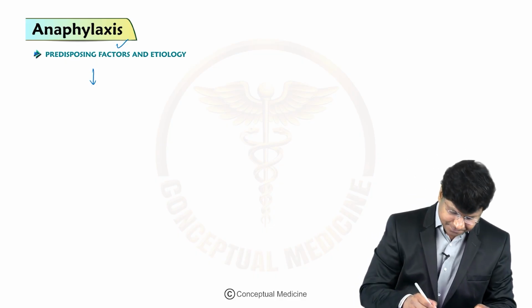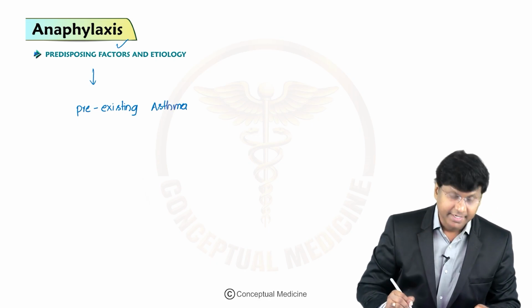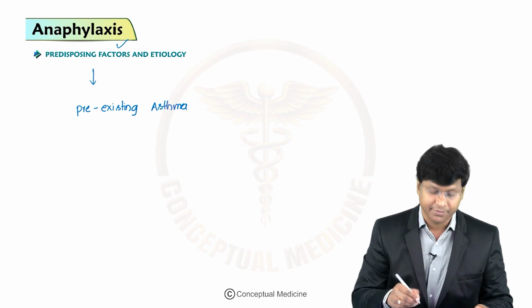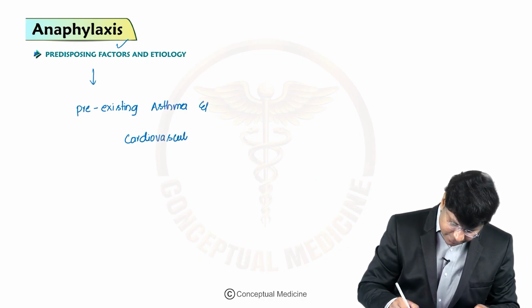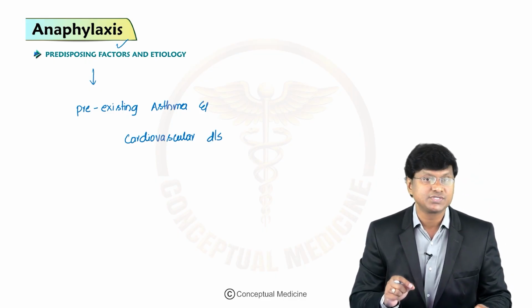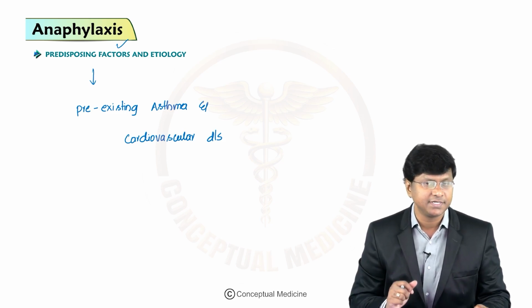The most dangerous manifestations involve the cardiovascular and respiratory systems: hypotension, and bronchoconstriction. The predisposing factors include pre-existing asthma and underlying cardiovascular disease, which could lead to more rapid decompensation from anaphylaxis.